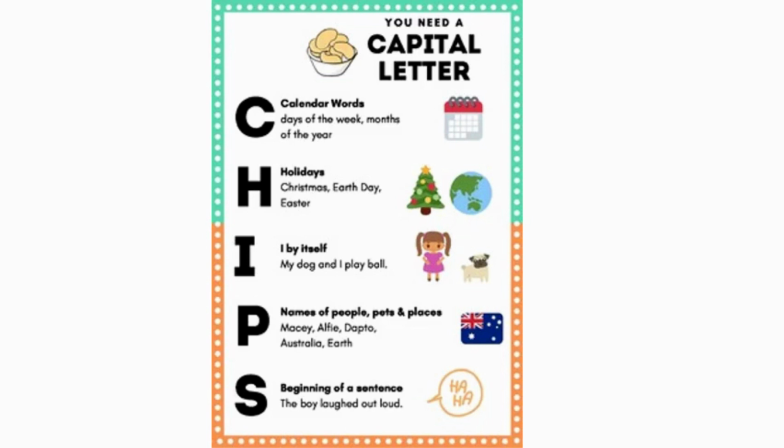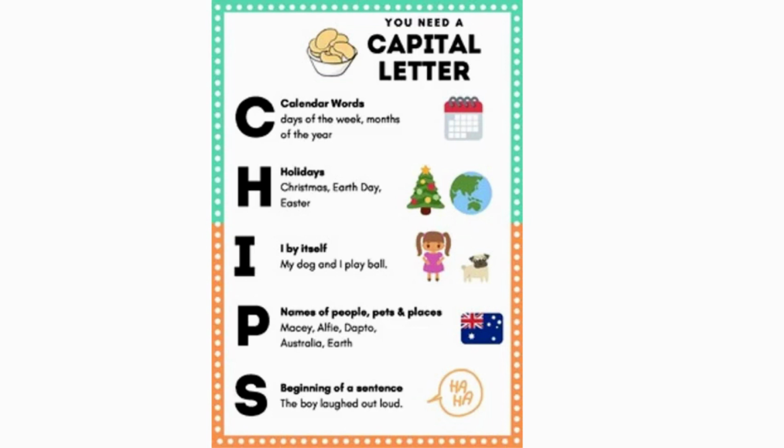So can you remember CHIPS? Yes. When you see a calendar, all the days and months, you have to start with capital letter. When you talk about holidays like Christmas, Diwali, New Year, then the first letter should start with a capital letter.